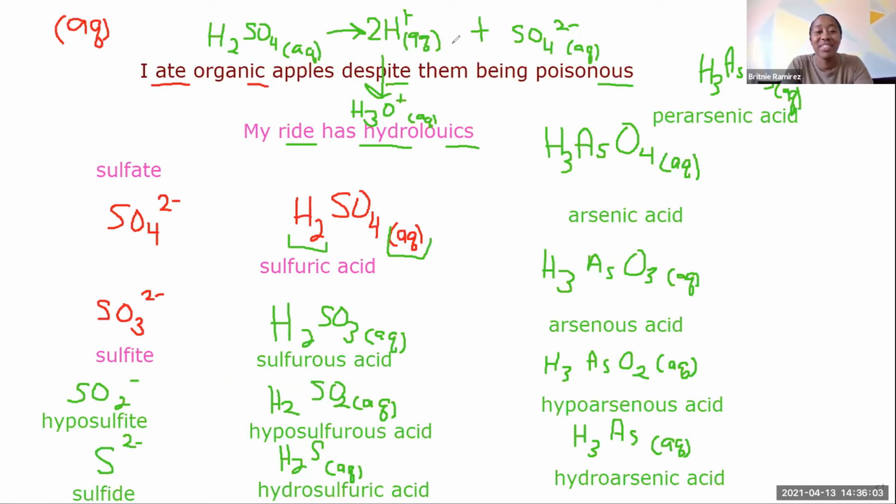It makes a little sense. Okay, so this H3O+ is kind of reactive. It wants to do stuff. If you get a high level of those hydrogens, they're going to want to react with something else.